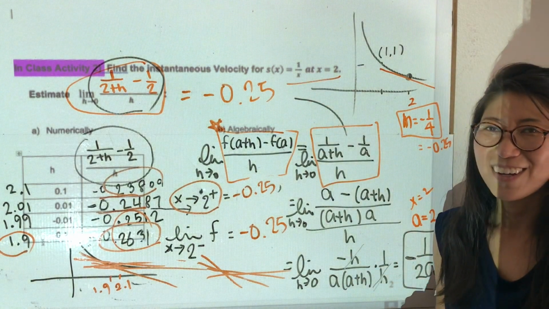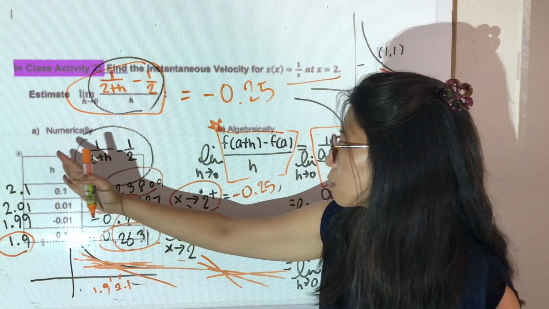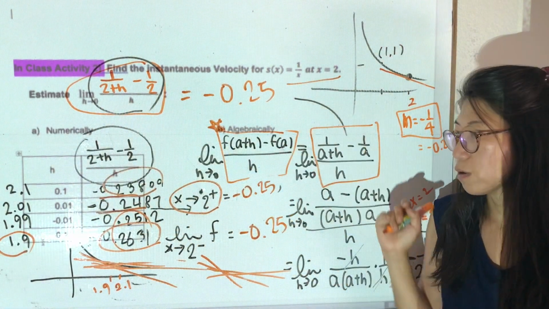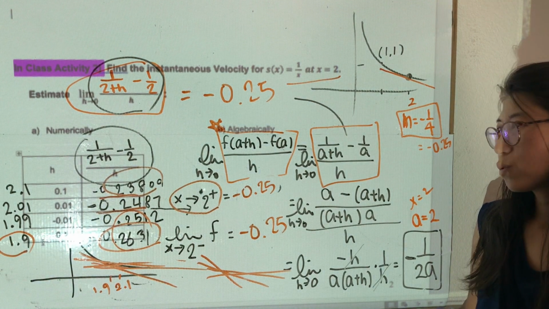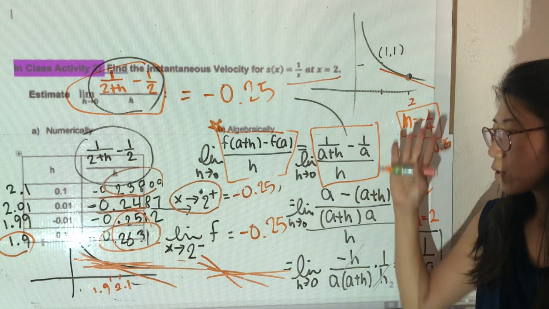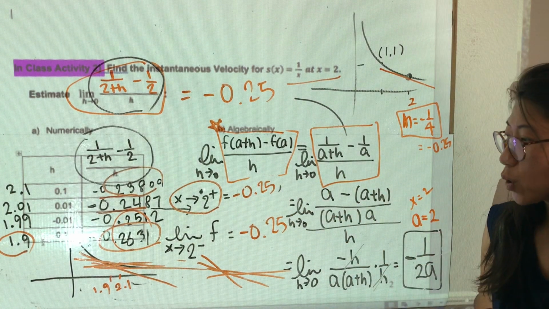That's the answer. I hope you understand the meaning of numerical approaching and algebraic approaching. I put a couple of questions on your homework, so I want you to practice one more time and keep understanding this so that you understand the next section, this chapter, better.